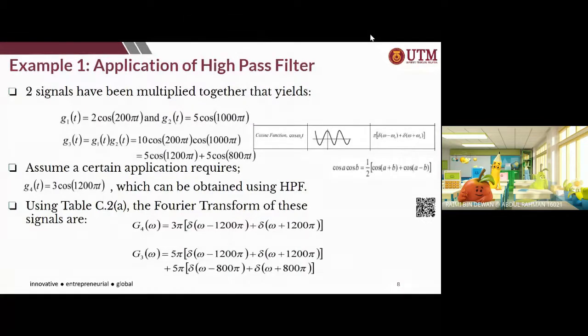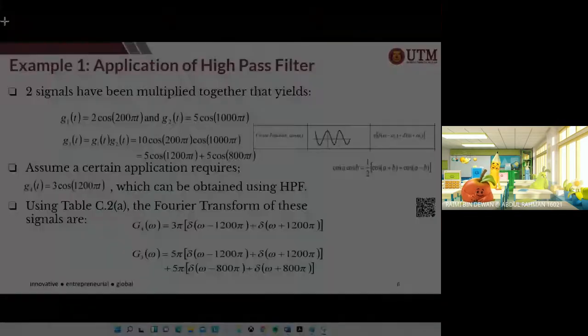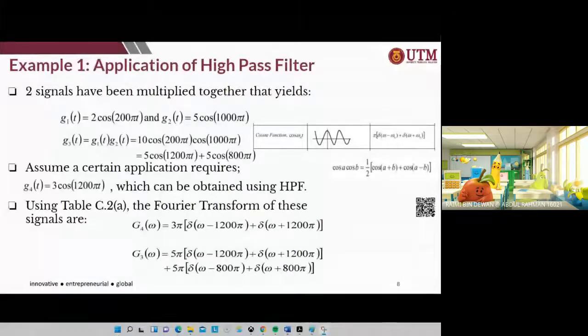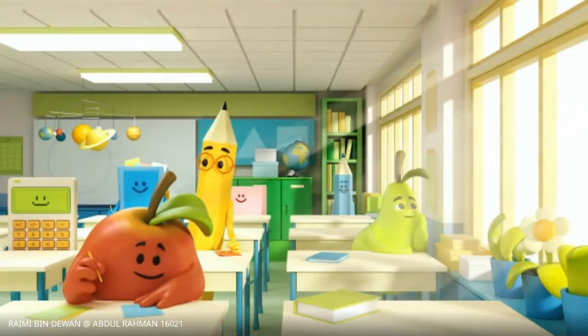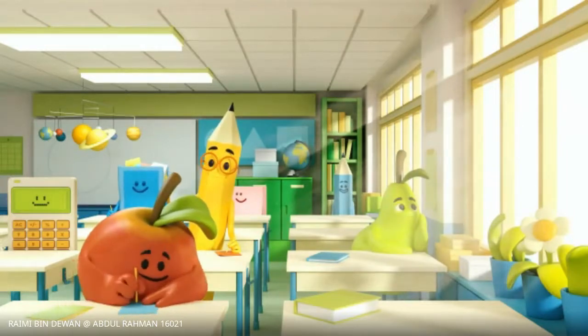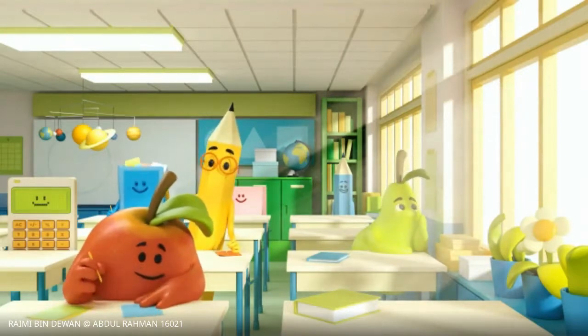So here is the application of the high pass filter, for example. I'm changing screen because I'm going to use my touch screen with the pen, so it's easier. I'm struggling actually just to show the page.